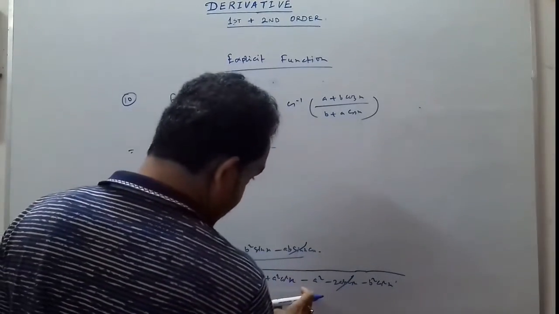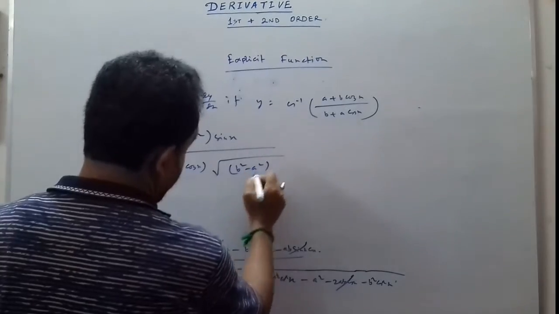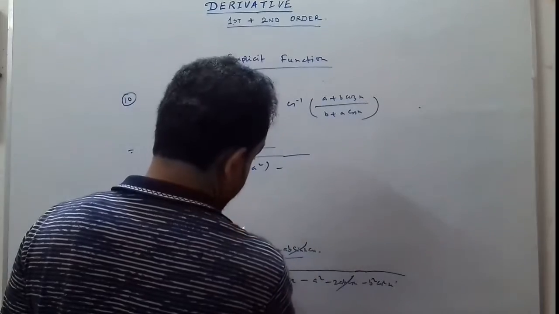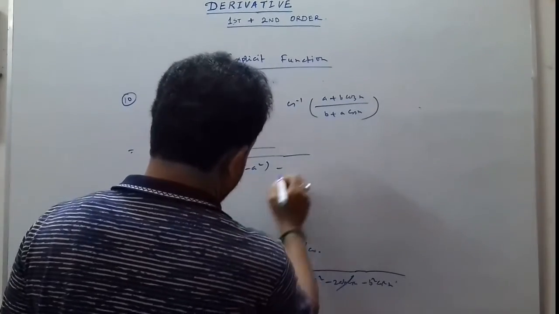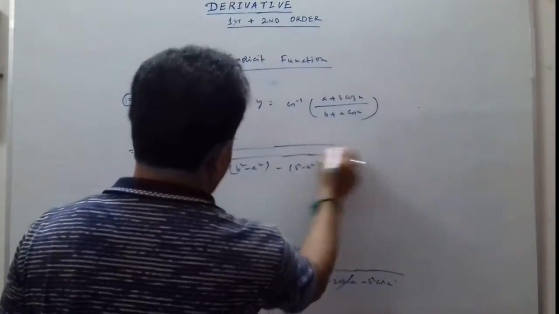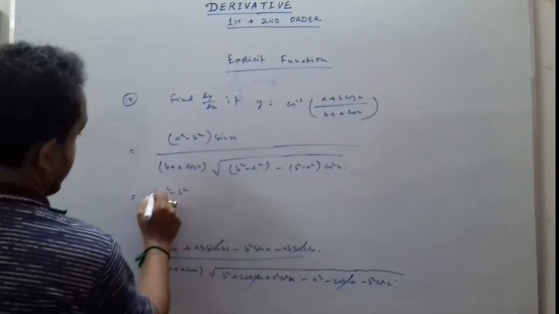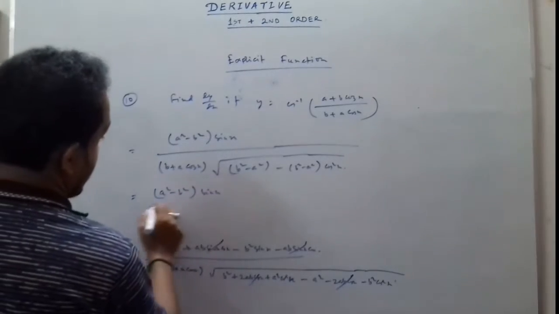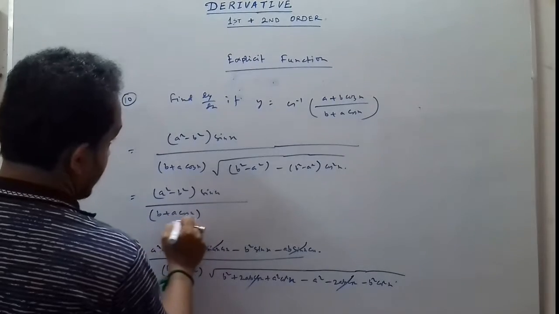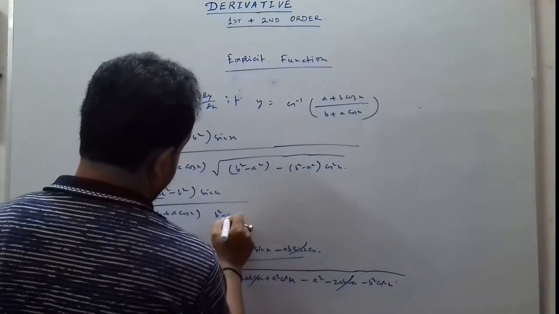Here b square minus a square, root under b square minus a square, and then minus b square minus a square cos square x. So (a square minus b square) into sin x divided by (b plus a cos x) into root of b square minus a square.